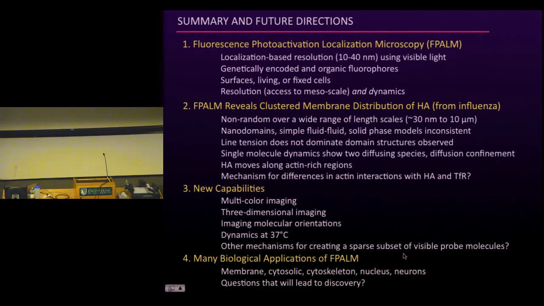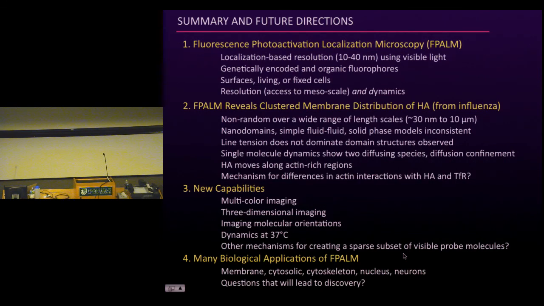We're able to generate enough camera frames, so it might be 500 camera frames at 1,000 frames per second to get enough localized coordinates to sample the structure of interest within a half a second. And we were able to learn about the membrane distribution of protein from the flu virus.